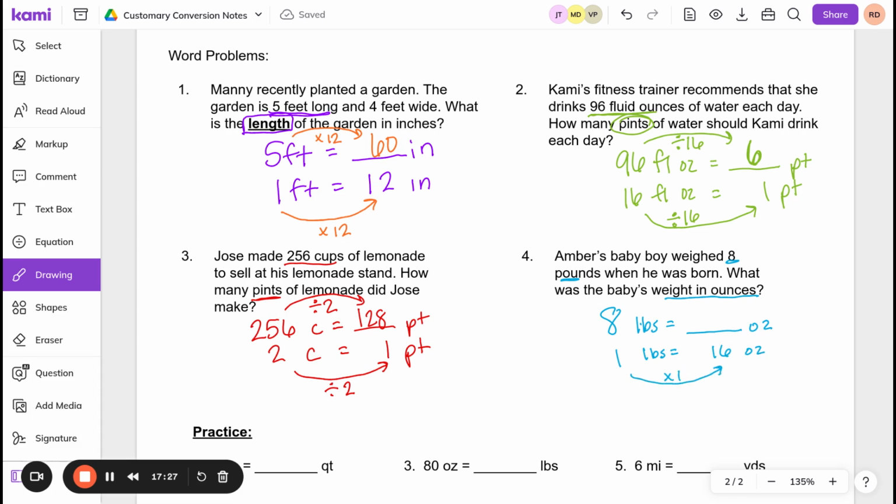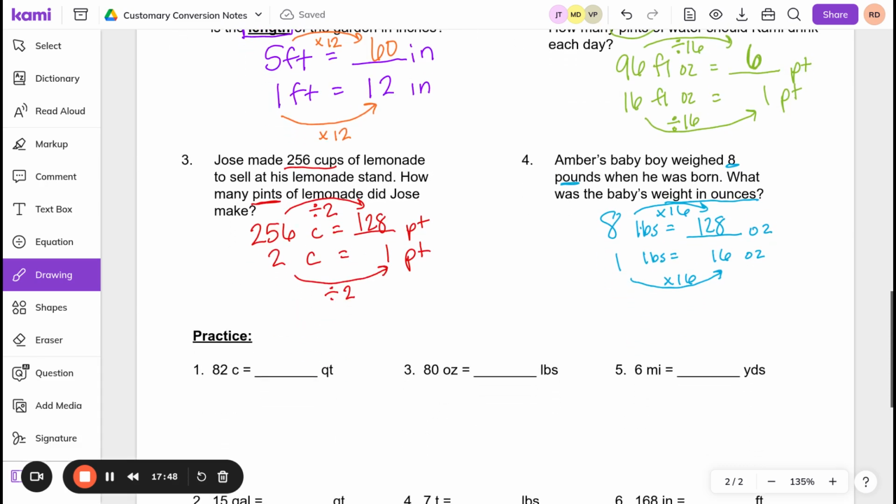So we're getting bigger, so we're going to multiply. Whatever I do to the bottom, I do to the top. And 16 times 8 equals 128 ounces. So again, you need to label and you need to make sure that the units line up.